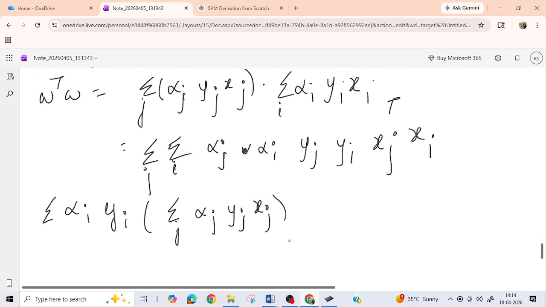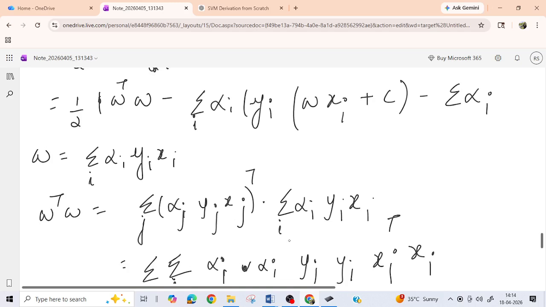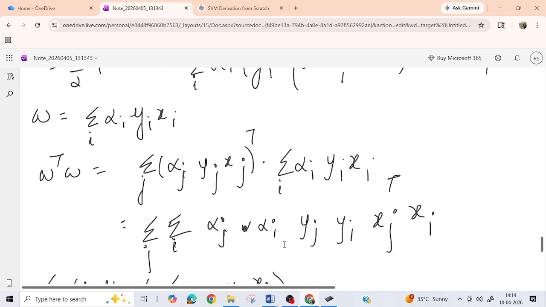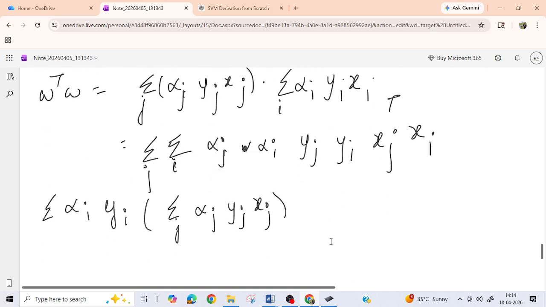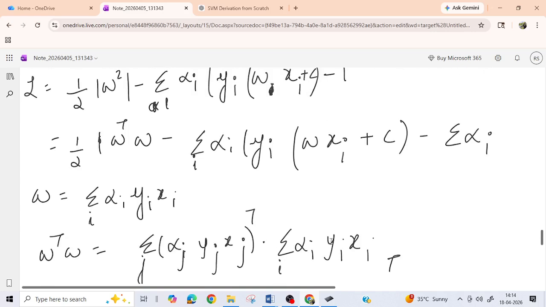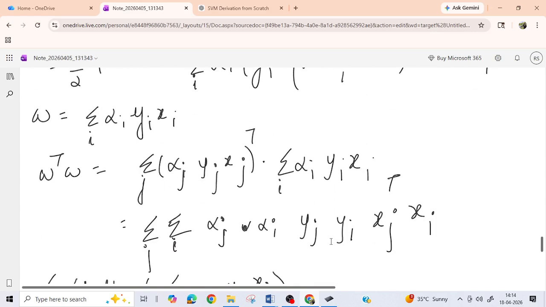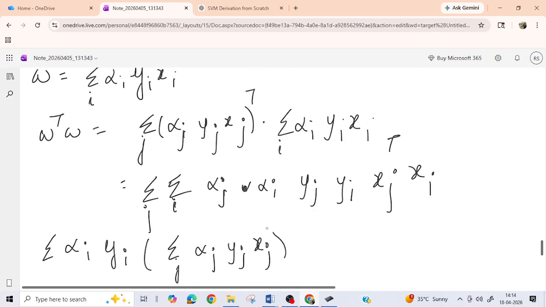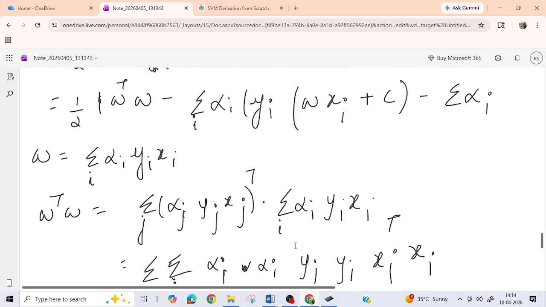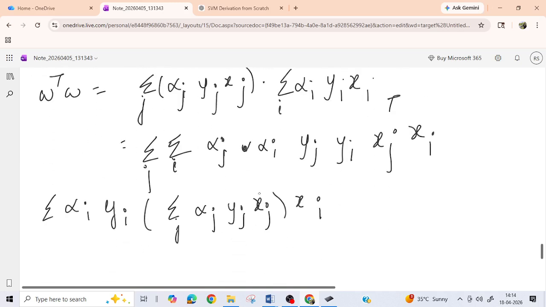We already had yi, so I'm writing in terms of j, and then plus c. So this is alpha I yi, we'll write it xi, and then we have plus c.